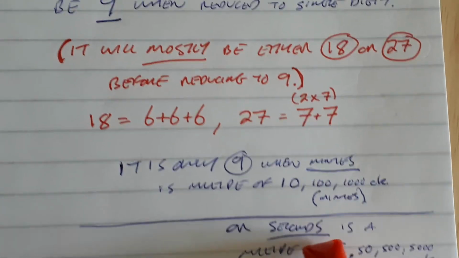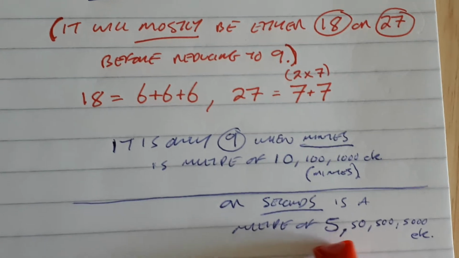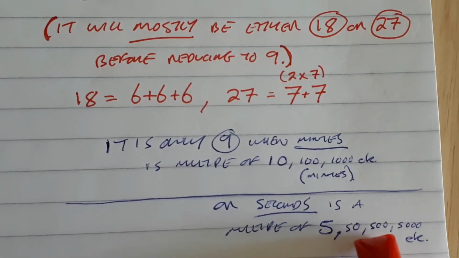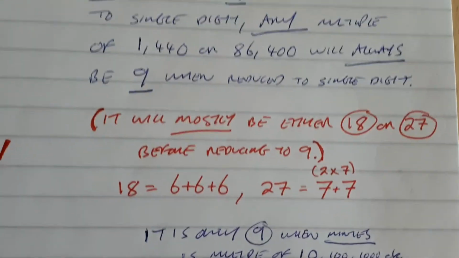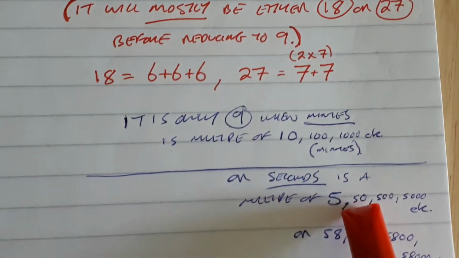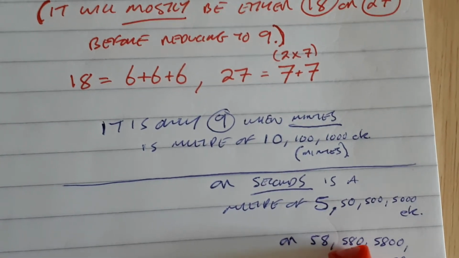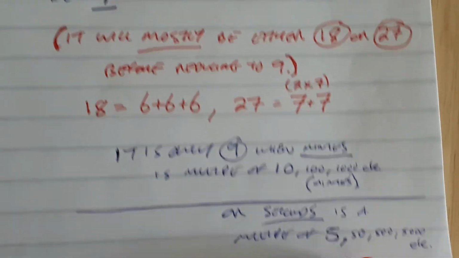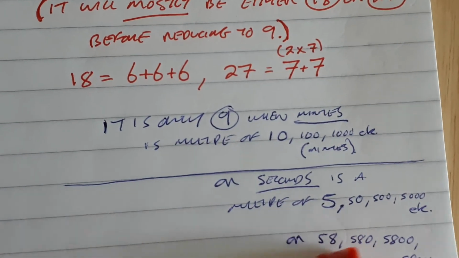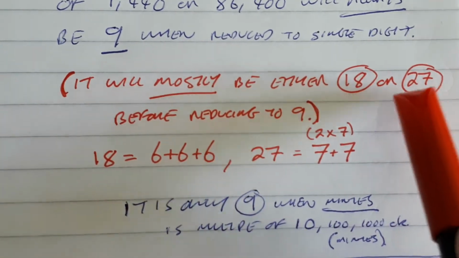And it doesn't apply with seconds, which is that one, interestingly, when it's 5, 50, 500, anything like that. So that's the rule for those. And there's also another rule for seconds, 58, 580. So times 58 times seconds, that will also be 9. Any others will always be 18 or 27.